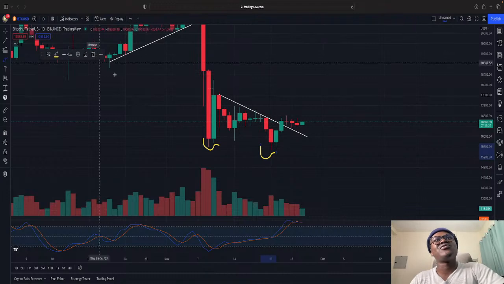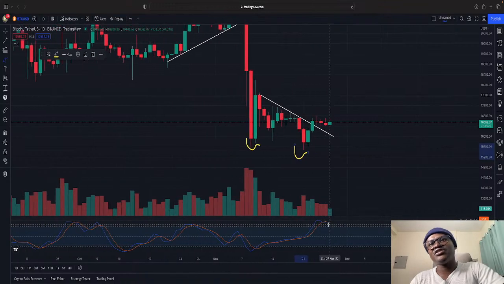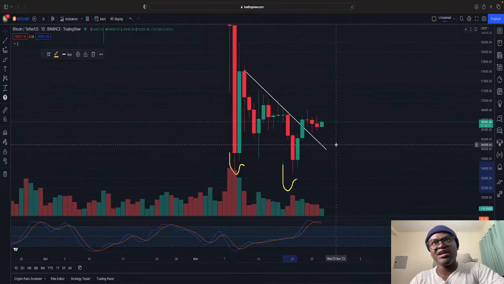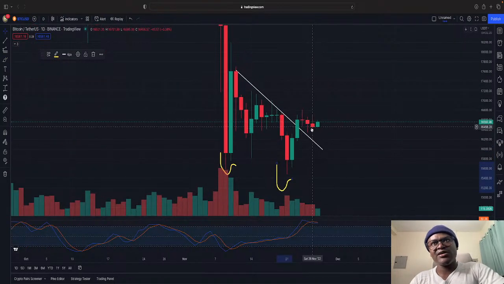But do we think that's possible? If this is showing us this type of price formation, and an overvalued stochastic here, we know that a dump can easily be around the corner. This candle is confirming this one. This is a bearish engulfing candle here.